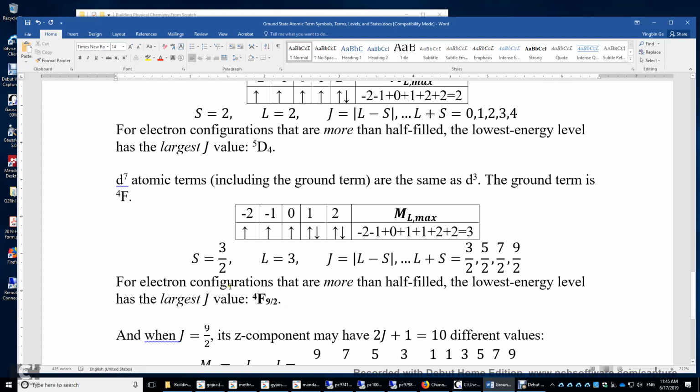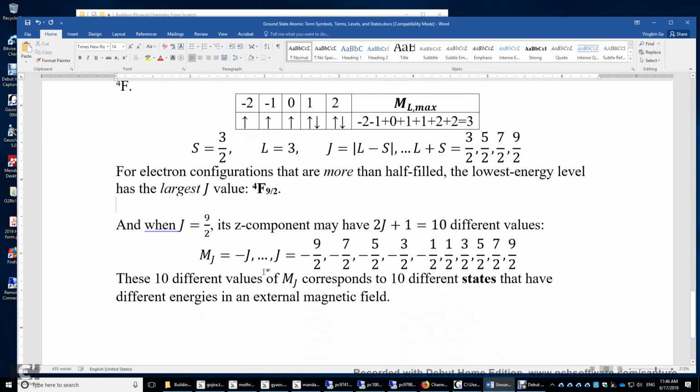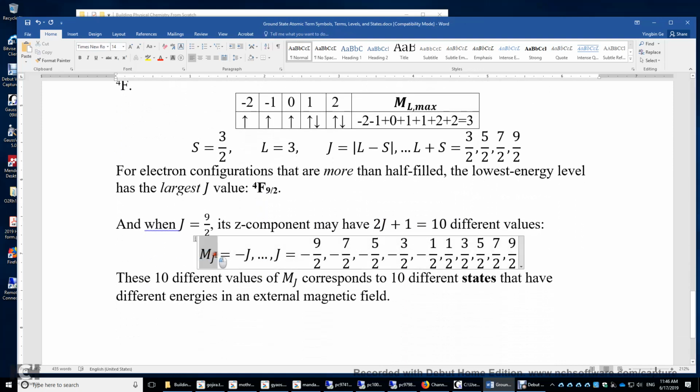And remember, when you have J equals 9/2, the value of M sub J can adopt 2J plus 1 different values. In this case, 2J plus 1 equals 10, so you have 10 different values. The reason is M sub J is the z component of J, and it can be from -J all the way to +J. So there are 10 different values here.